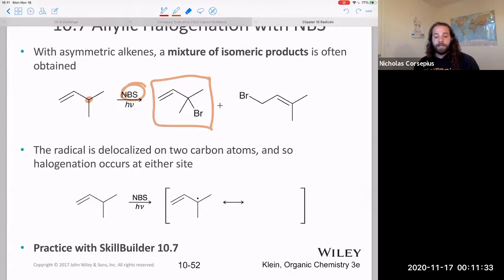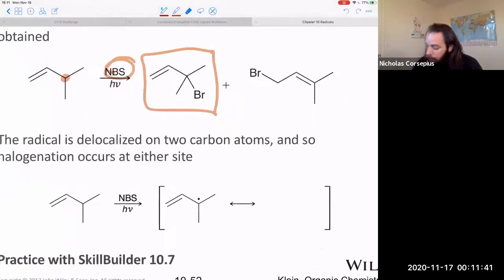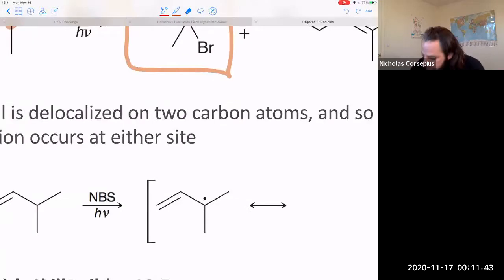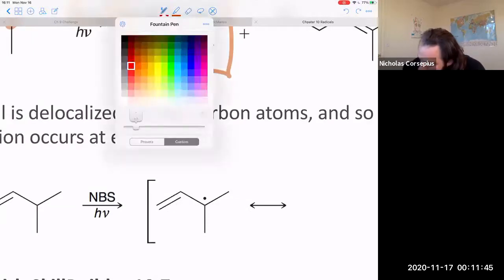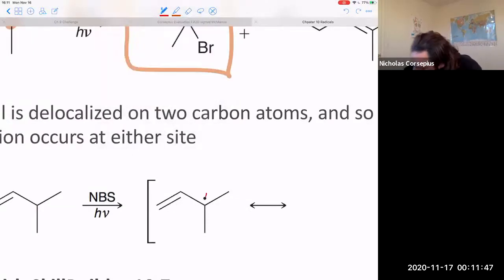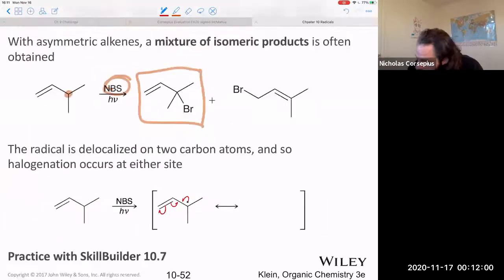Importantly, it's formed because of the resonance structures that you get with this allylic radical. The allylic radical will form on that carbon, but it's not going to stay there. It's going to come down and form a new pi bond with one electron from that existing pi bond, and that's going to cause a radical to form on that terminal carbon.